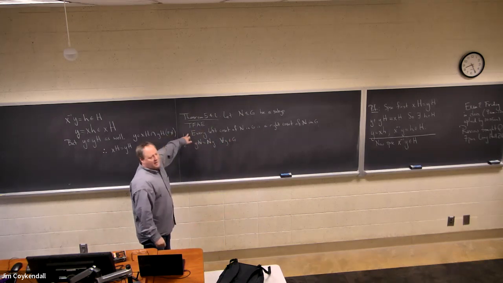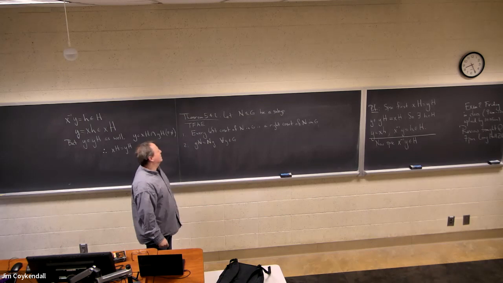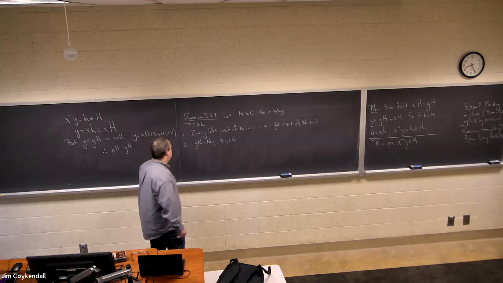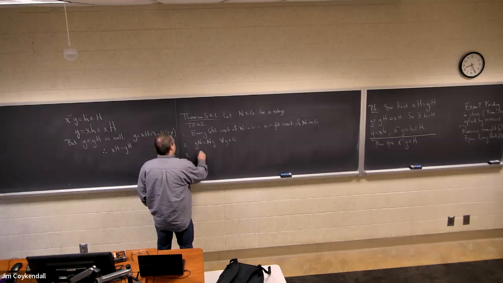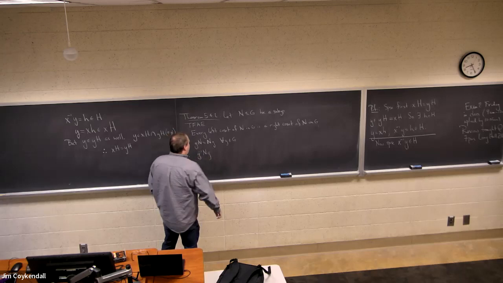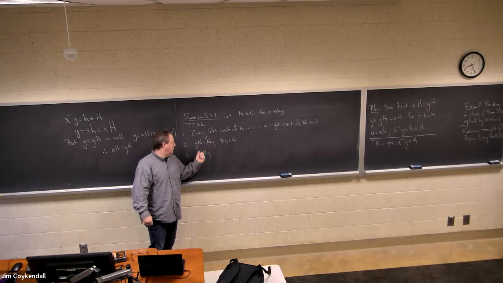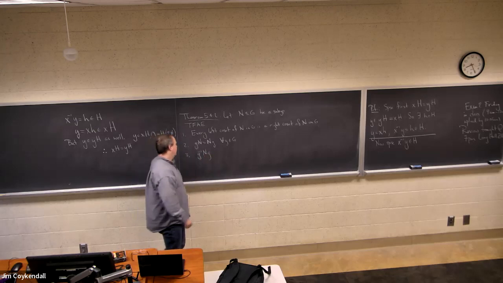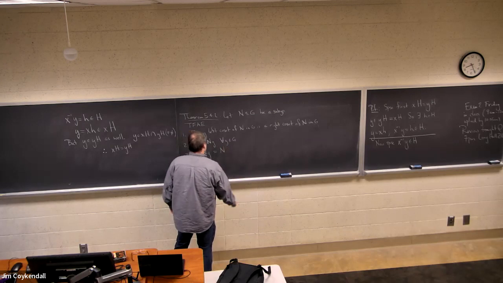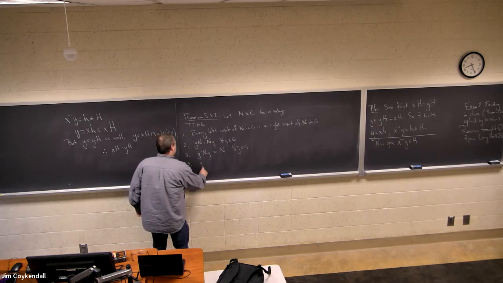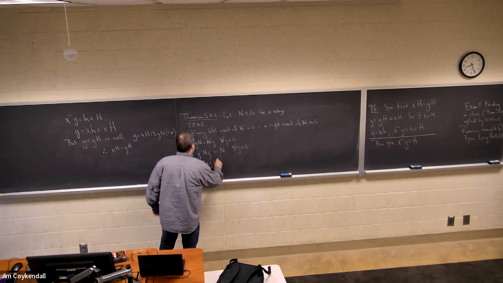So these two are, I'll talk you through this, but these are pretty obviously equivalent. And remember, this is what we meant for the group to be normal. 3: g inverse N g is in N. What do I mean by this? I mean a very similar notation to what I mean by gN. This is just all the elements of the form g inverse little n g as little n runs through all the elements of N. And 4: g inverse little n g is in N.